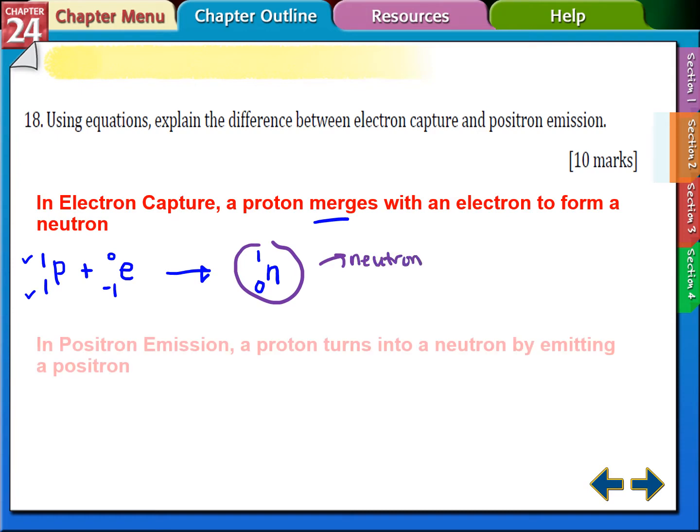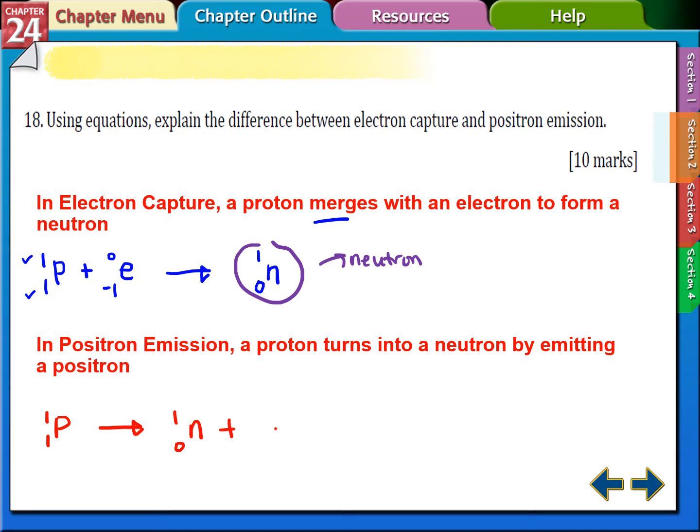Moving on, in positron emission, a proton turns into a neutron by emitting a positron. Again, this is the symbol of the proton. It turns into a neutron, and the symbol of the neutron is n with 1 and 0, by emitting a positron.